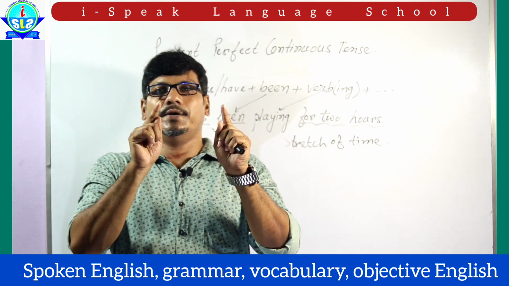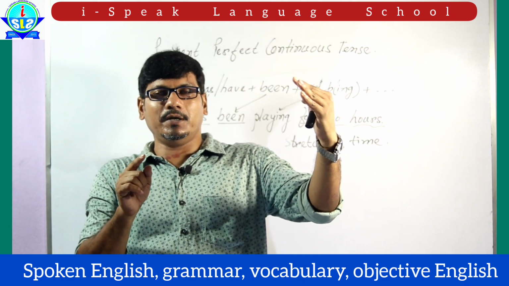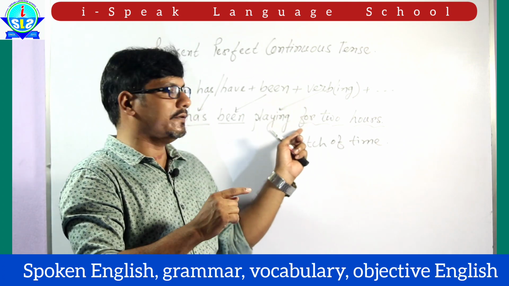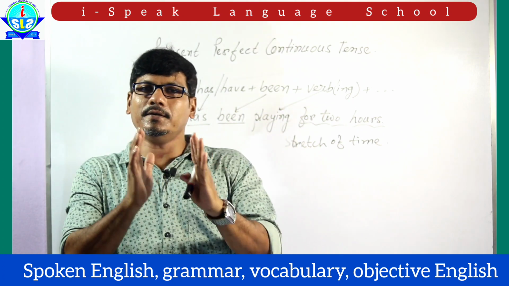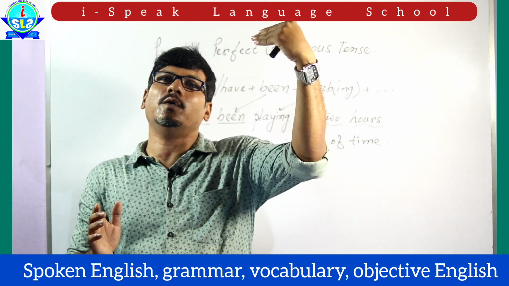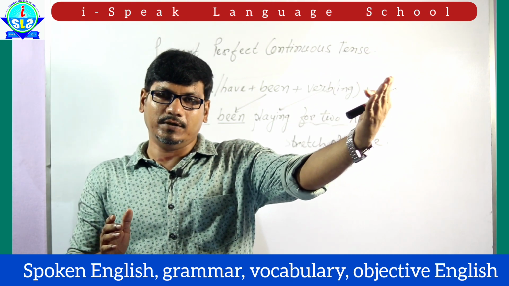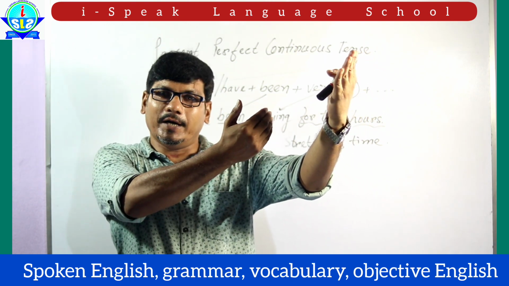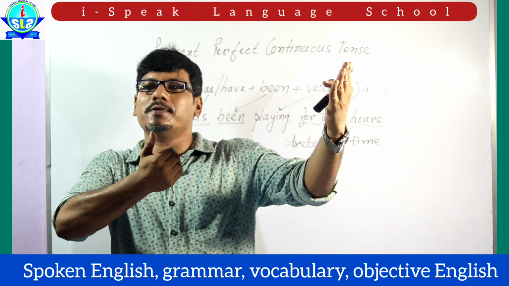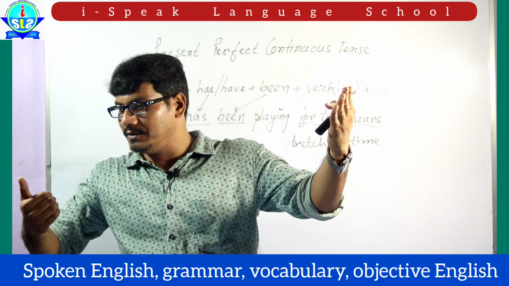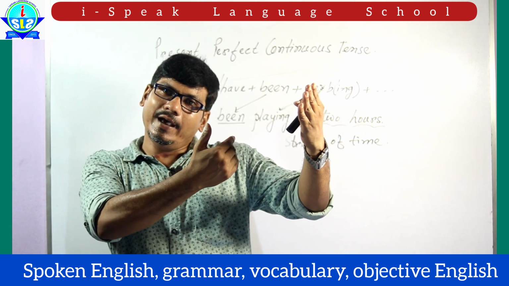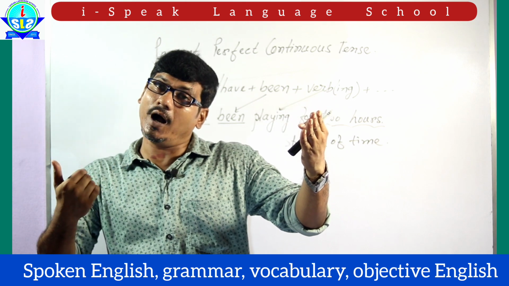That means, suppose this is the word playing. The action started 2 hours ago in the past, but continuously from that moment it is going on. He has been playing for 2 hours.